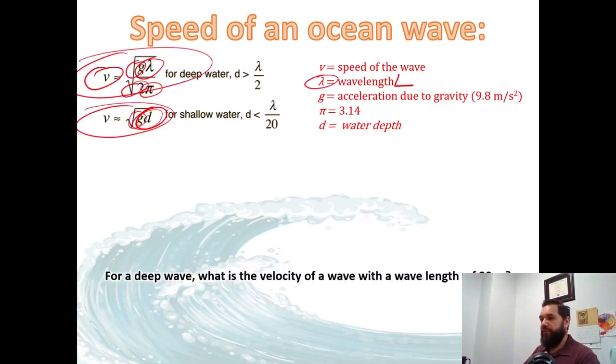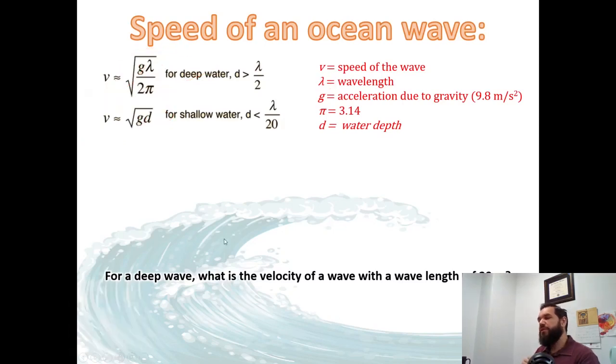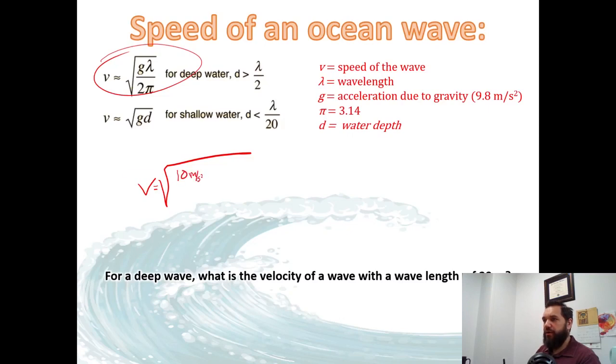For a deep water wave, what's the velocity of a wave with a wavelength of 20 meters? Here we're going to use the deep water wave formula. So v equals the square root of, I'm going to round g off to 10 meters per second squared, times 20, that's the wavelength, divided by 2 pi, and I'm just going to pretend that pi is 3.14.